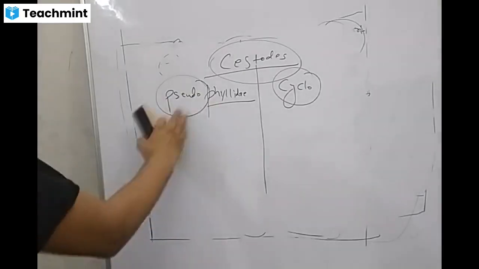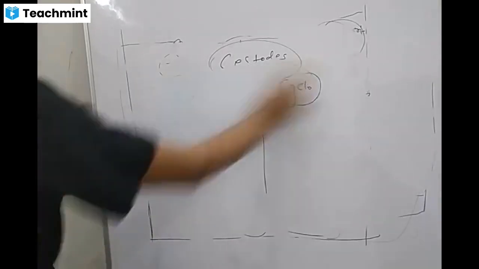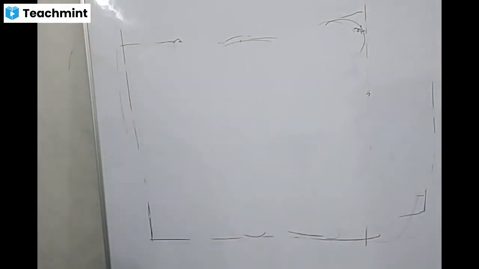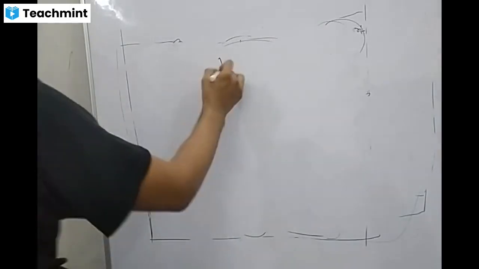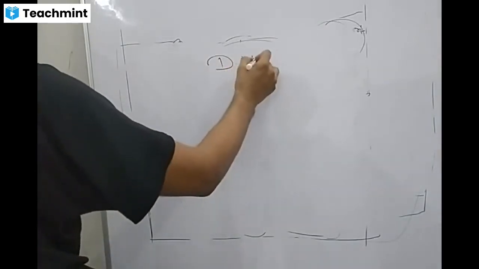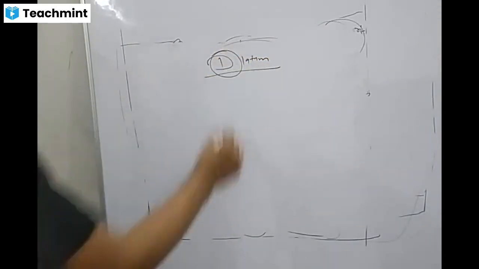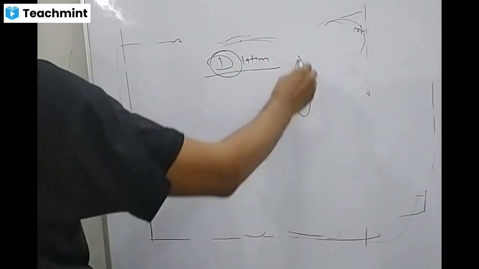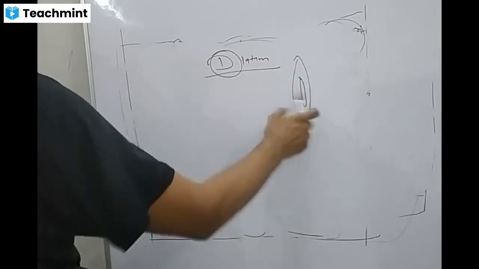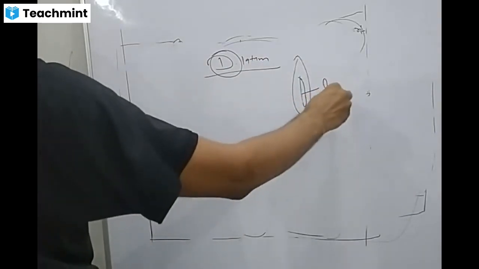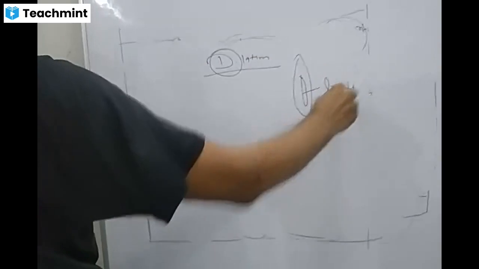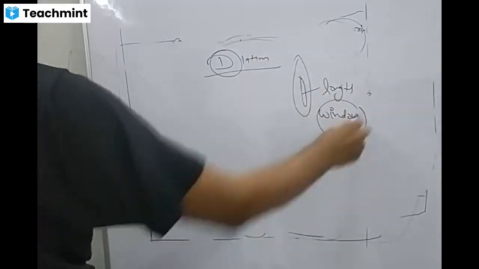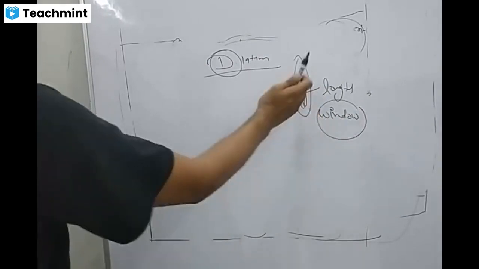The first member of this exception is your D latum. That is your D latum, Diphyllobothrium latum. Diphyllobothrium means there are two longitudinal grooves. These are bothria. These are your windows. One is in front and one is behind.